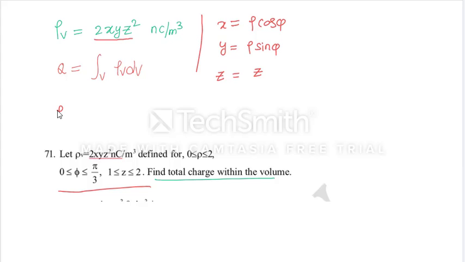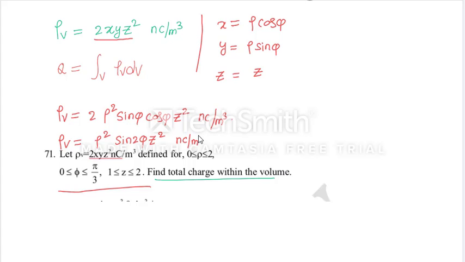So from this, my rho v is 2 into x y z, which gives rho square sin phi cos phi z square nanocoulombs per meter cube. That means rho v is rho square sin 2 phi z square nanocoulombs per meter cube, isn't it?